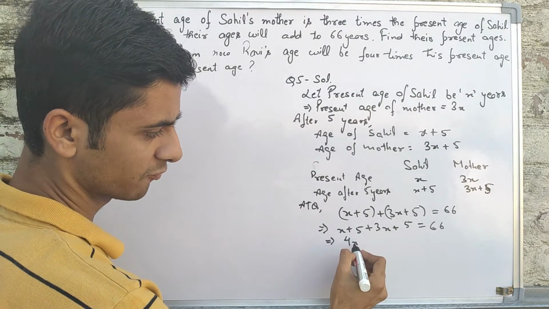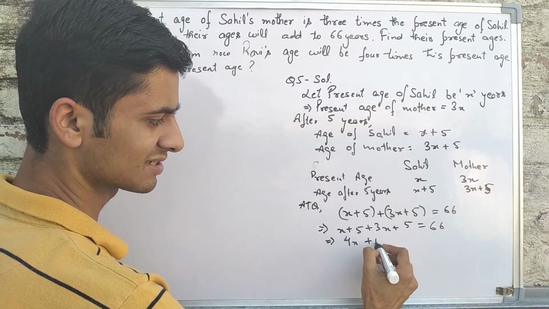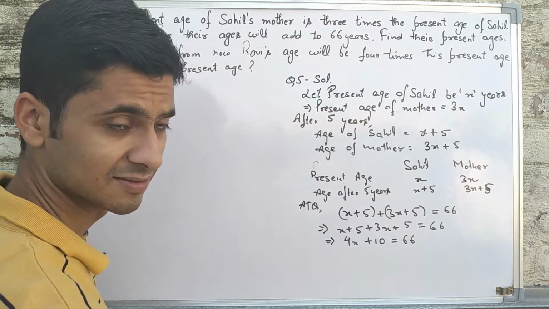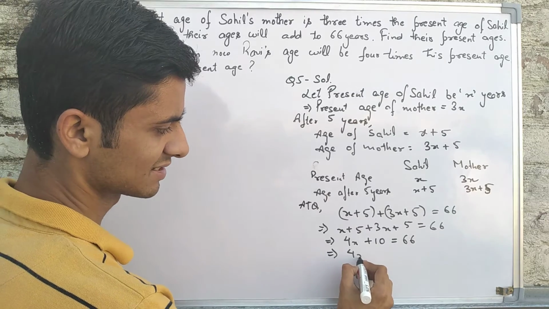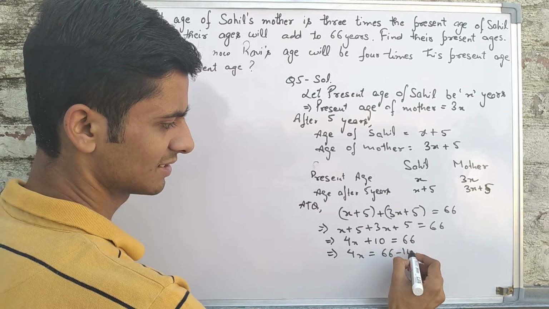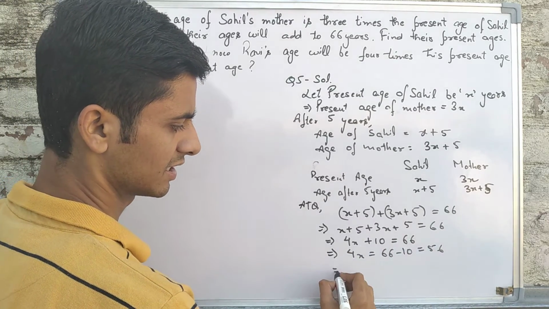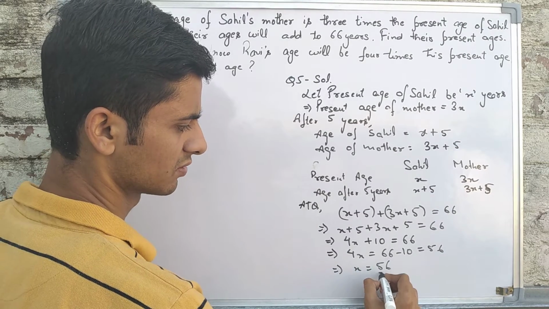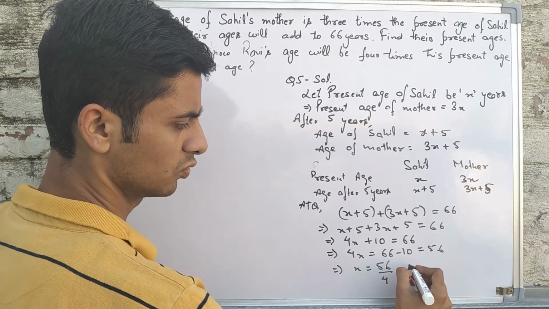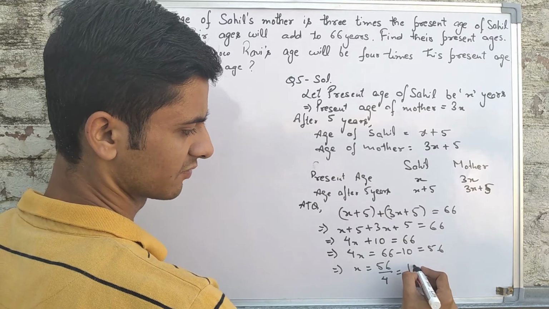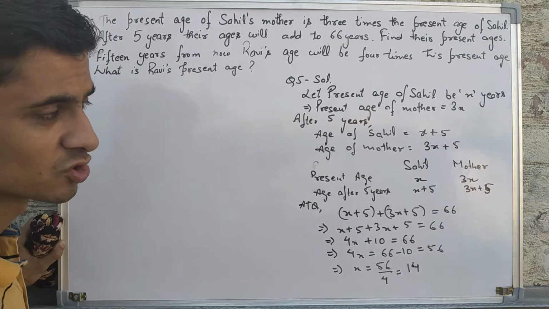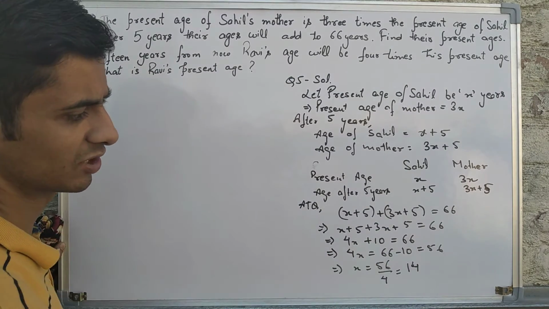Apple plus 3 apples, 4 apples. 5 rupees plus 5 rupees, 10 rupees, equal to 66. So it comes out to be 4x equals 66 minus 10. It implies x is 56 upon 4, which is 14. So present age of Sahil is 14.